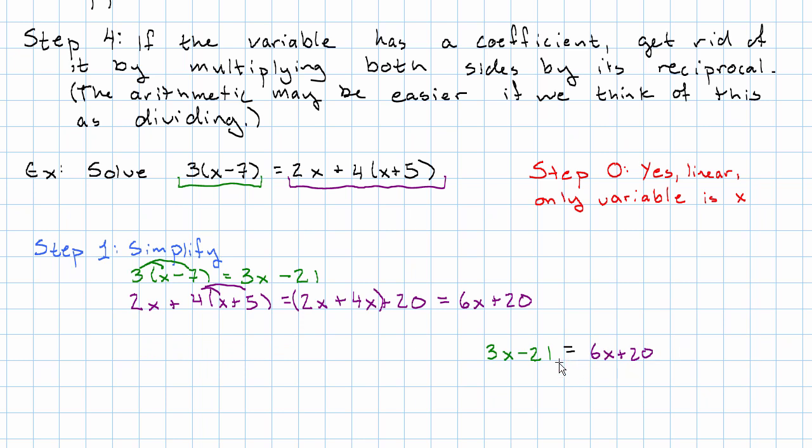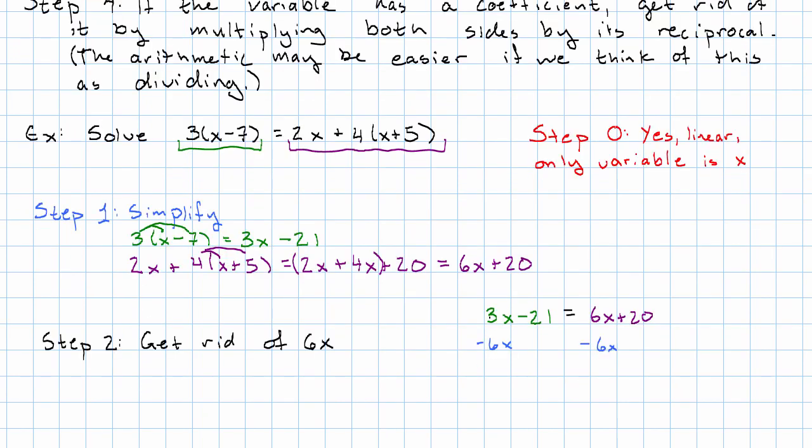Now we have step 2. I'm going to put the equation over on the right, so I can write the steps on the left. As my next step, I'm going to get rid of the 6x by adding a negative 6x on both sides. So 3x minus 6x is going to be negative 3x. 6x minus 6x is just 0, so only 20 remains.